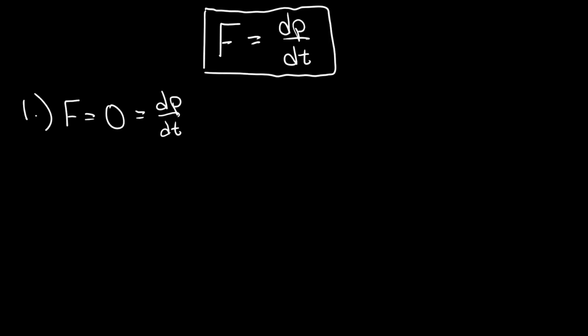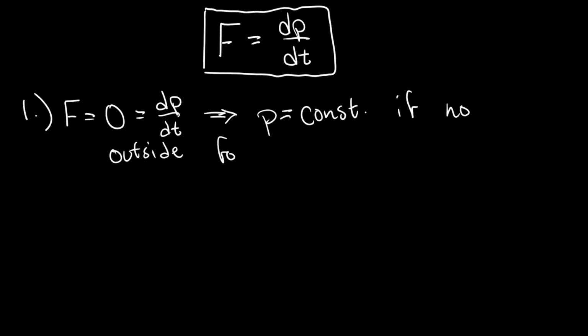But the only thing that I can take the derivative of to actually get 0 is a constant. So this immediately tells me that momentum is constant if there are no external forces, so no outside forces.